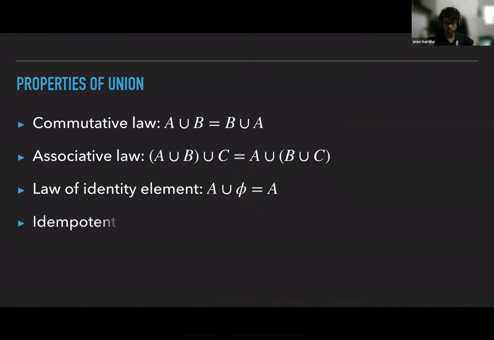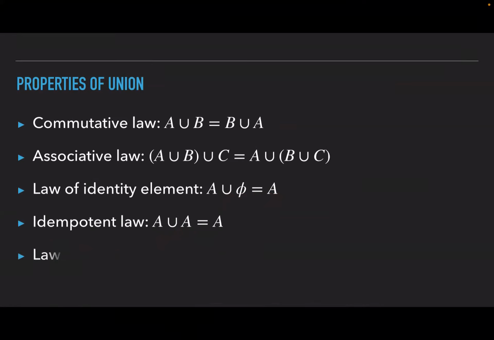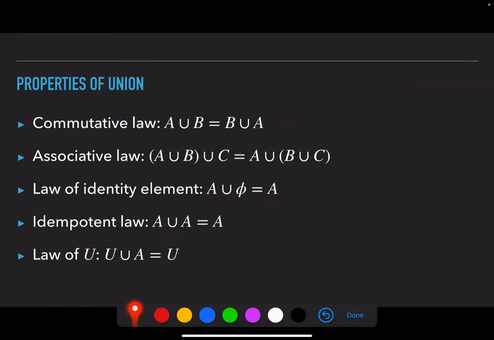Okay. Then idempotent law. So that means A union phi also, you're going to get back the same set. But if you do A union A, what are you going to get? You're going to get A, right? So I think these are some properties. Right now, you don't have to worry too much about this. And then the law of union.